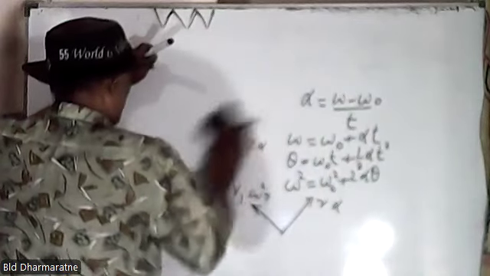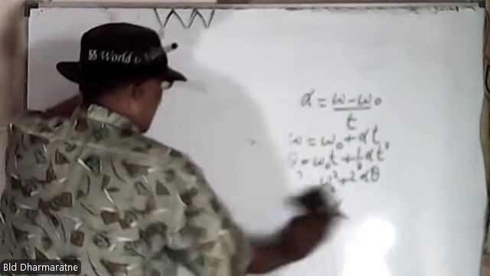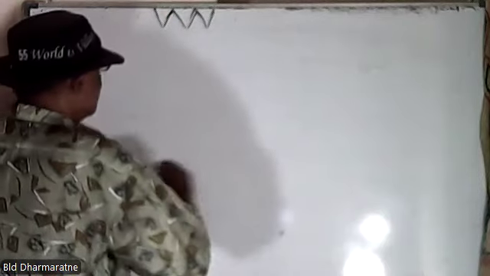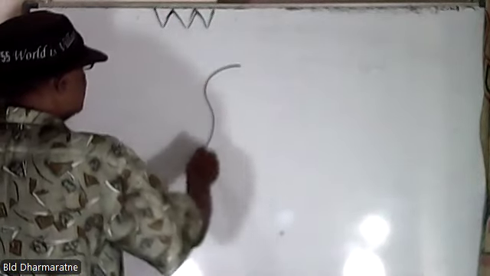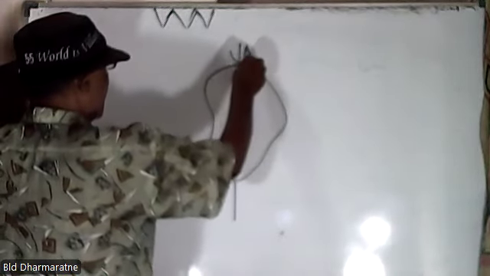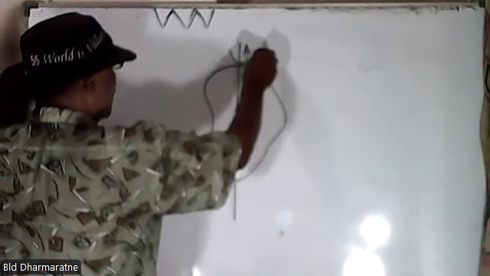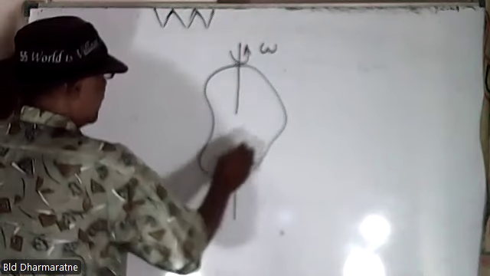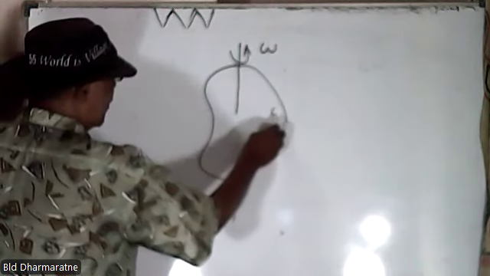Moment of inertia is mass times distance squared. Say a body rotates about this axis with angular velocity omega.